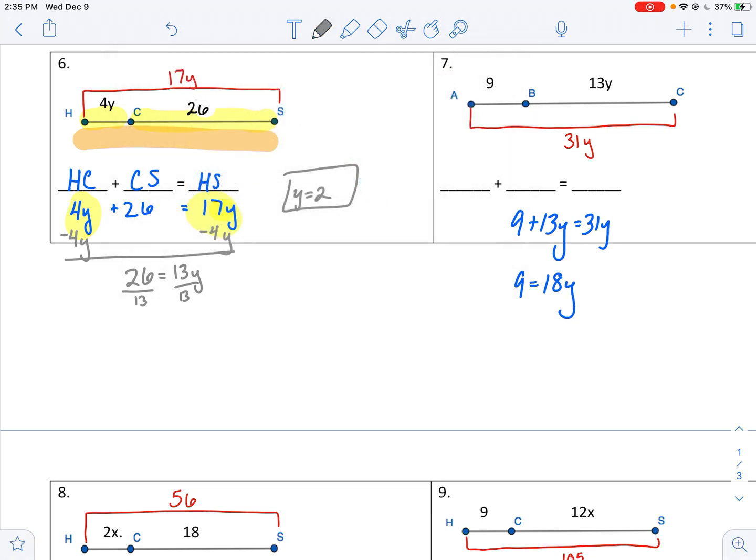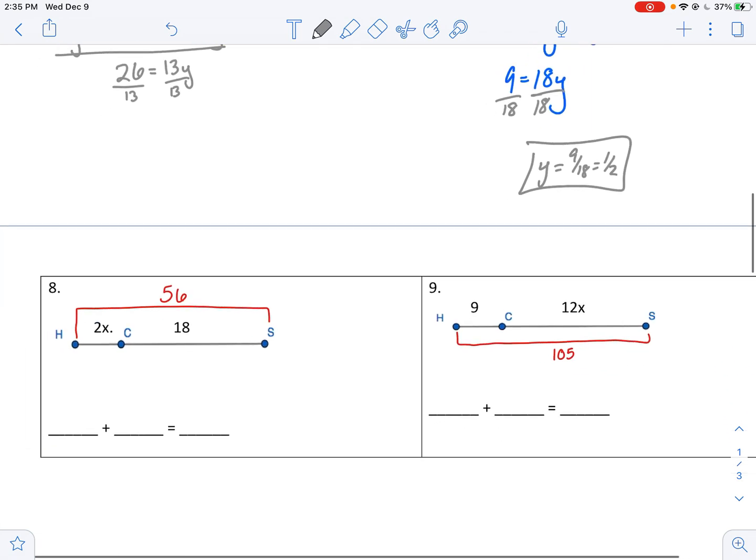A lot of students want to divide by 9, but what you really need to do is divide by 18 to get the y by itself. 18 divided by 18, those reduce to 1. So I have 1y, or just y, equals 9 over 18, or 1/2.